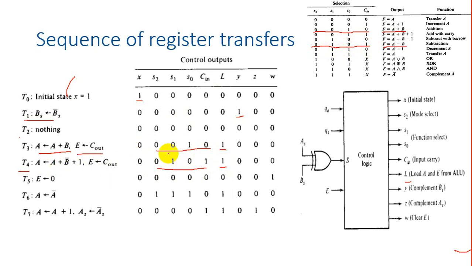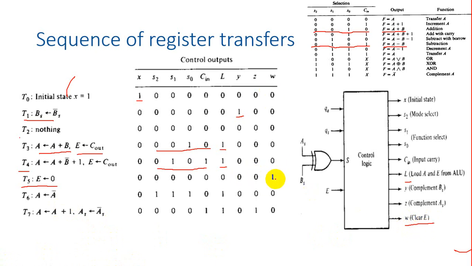Clear? Now at cycle T5, it clears the overflow bit. How does it clear the overflow bit? By using the signal W. So signal W should be high.